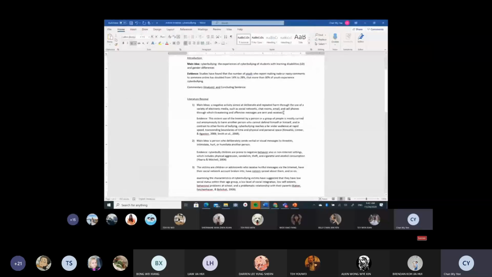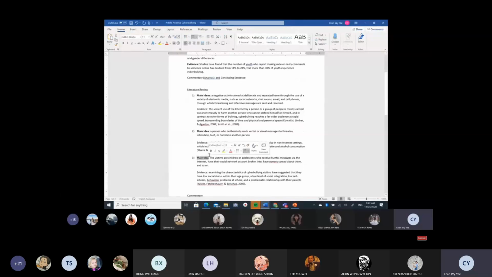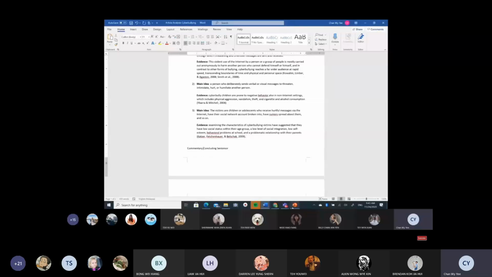You just need to take out one main idea from each subtopic that is stated there. Can you see main idea, evidence, main idea, evidence? It's very simple. If there are three subtopics, there should be three main ideas. Then your commentary and your concluding sentence.